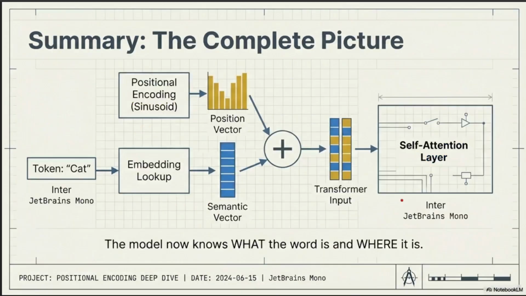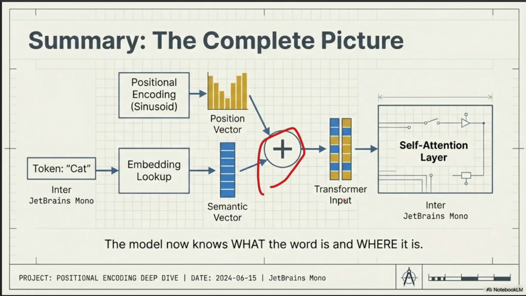So let's put it all back together. In the pipeline, we take a token, for example, the cat. We look up its word embedding, the semantic meaning. Simultaneously, we calculate the position vector using our sine cosine formulas, and then we add them together.